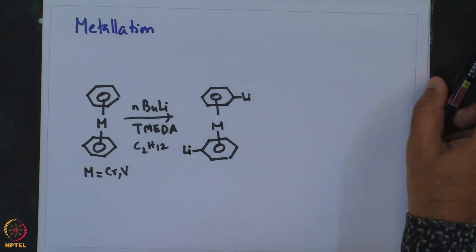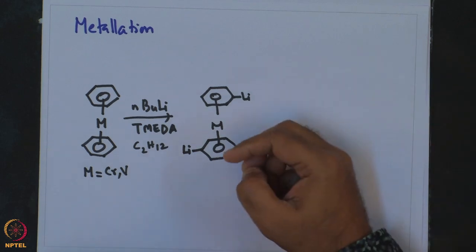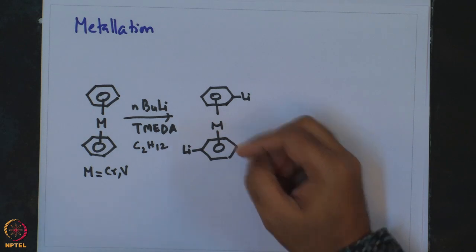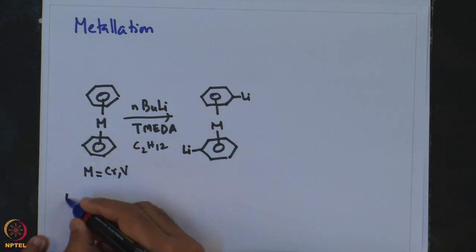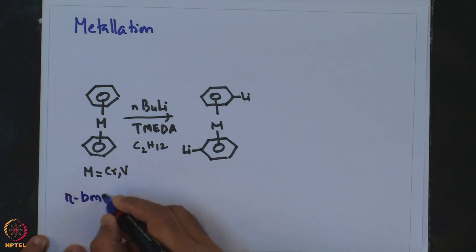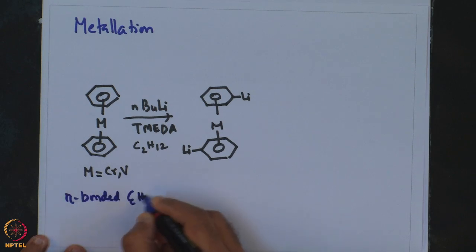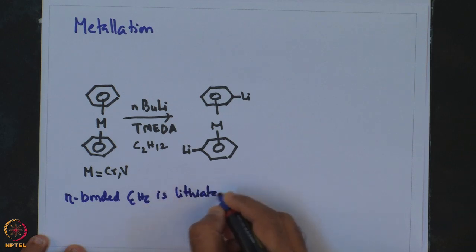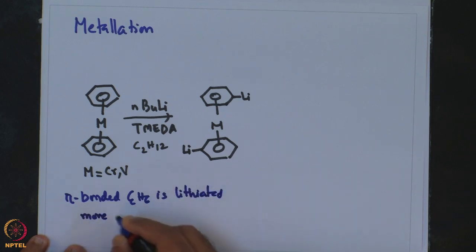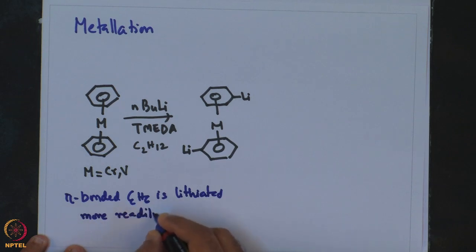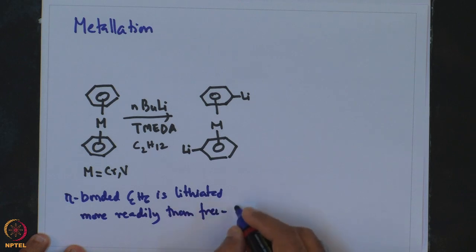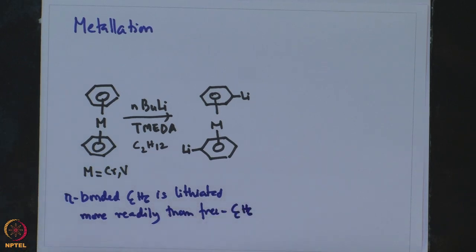Now, it must be noted that this pi bonded benzene is methylated more readily than free benzene.